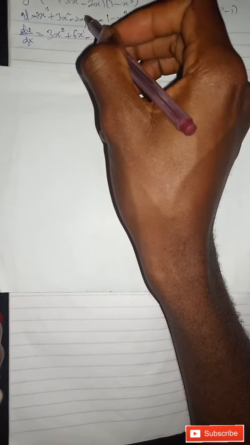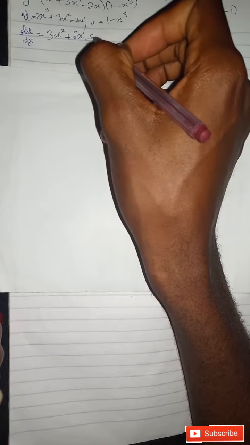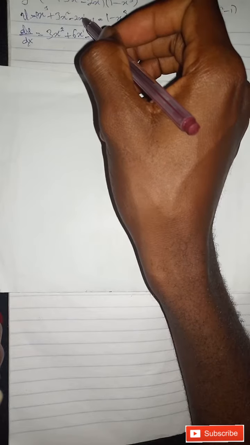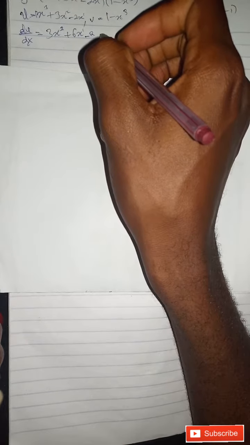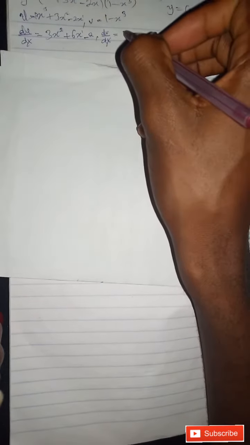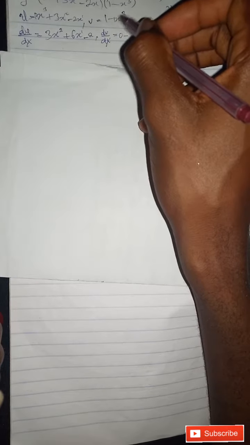We have minus, and differentiate this, of course we have 1 here, so 2 times 1, 2, then x raised to the power 1 minus 1, we just have 0, then x raised to the power 0 is just 1, so 2 times 1 is just 2, right? So dv over dx, which is this one, differentiation of a constant is just 0, then minus, of course we have 1 here, so 1 times 3 we have 3, then 3 minus 1 is just 2.